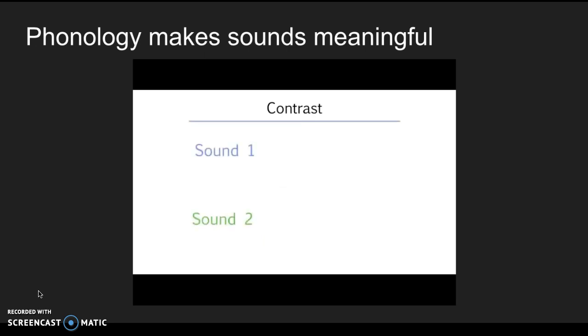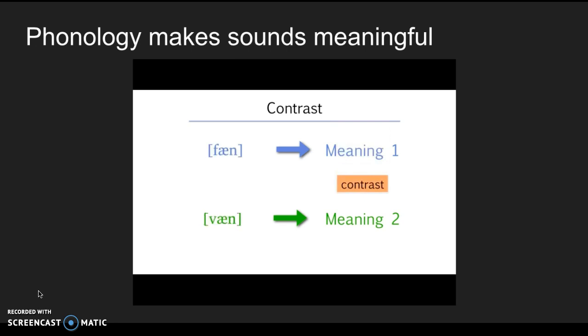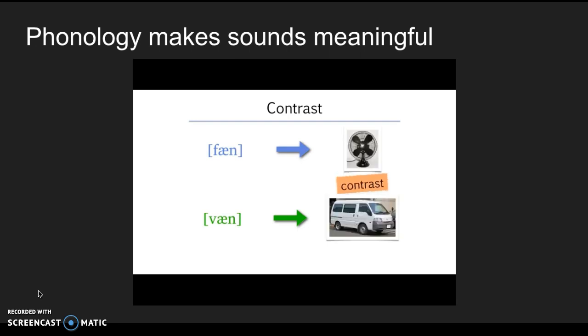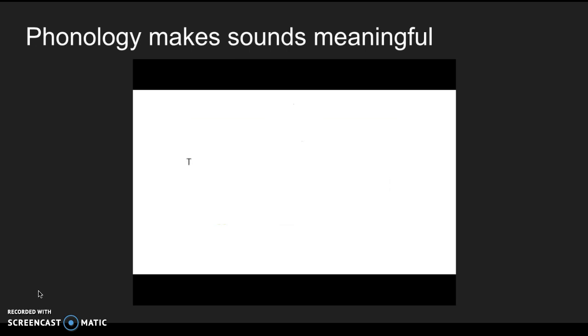Say we have two sounds that are different from each other. If the difference between those two sounds leads to a difference in meaning in a given language, then we say that those two sounds contrast in that language. So, for example, the difference between fan and van is a phonetic difference in voicing. That phonetic difference leads to a substantial difference in meaning in English. So we say that f and v are contrastive in English.